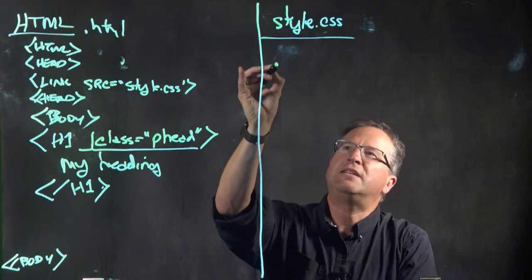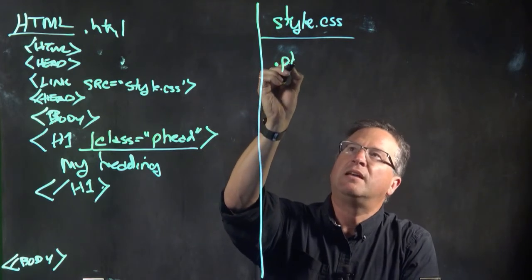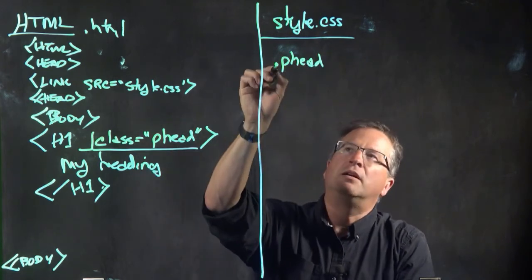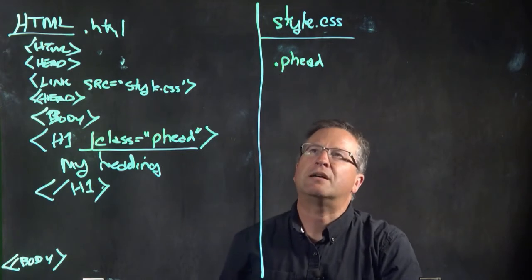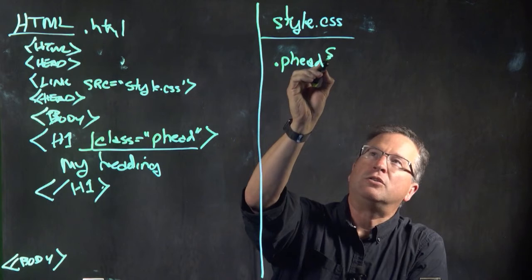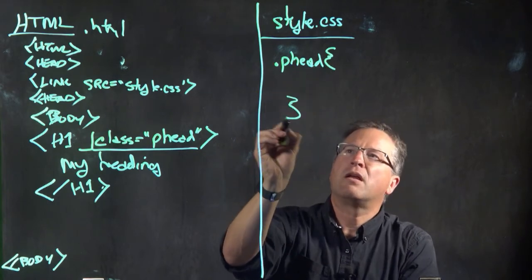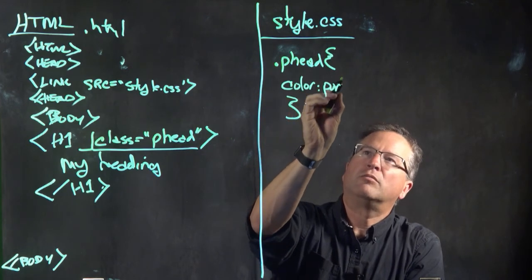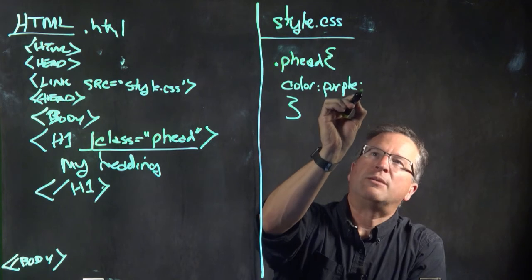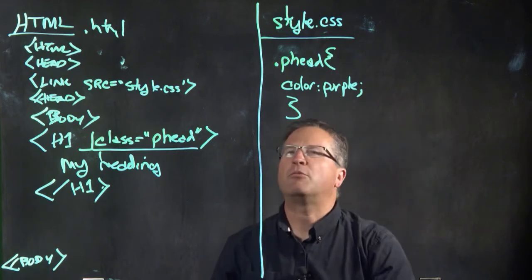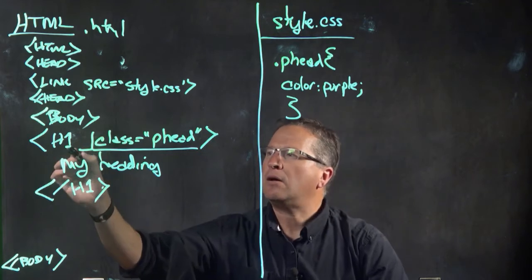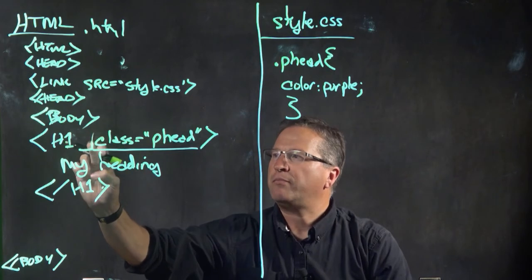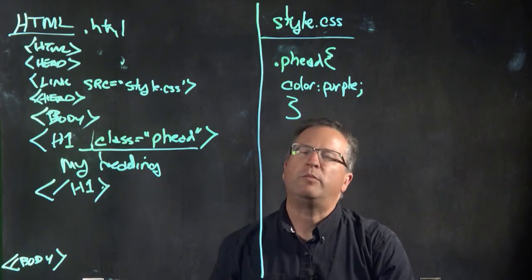I'm going to start with a dot and say phead. No dot here, but a dot over here. The dot defines a class, saying we're addressing a class. Again, I'm going to do my curly brace, color, colon, purple, semicolon. And I've defined this purple color. Now, I can do headings all day long, and they won't be purple. I can do headings with the class of phead, and those will be purple from now on.